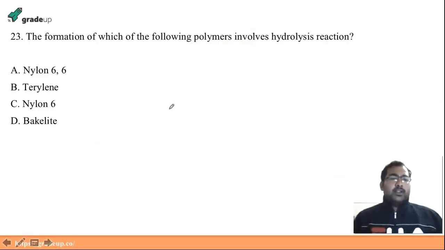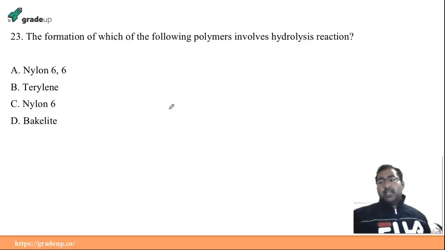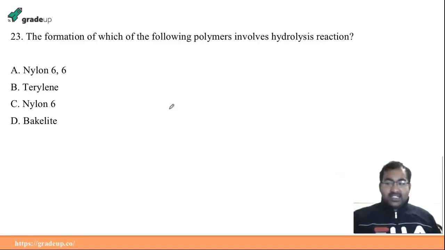Now the 23rd question. The formation of which of the following polymers involves a hydrolysis reaction? We need to see these polymers and know how they are made. In the polymers chapter, these are the famous polymers, the stars of polymers, so you need to know the preparation of every polymer in order to give the exam.